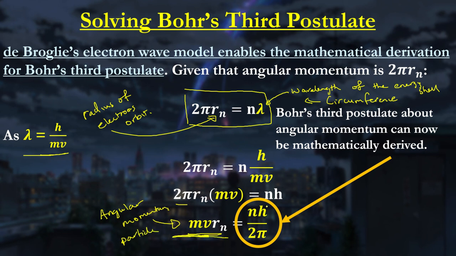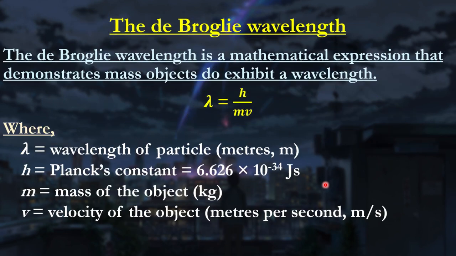And we can also find the angular momentum of the wave as well here. So that mathematically demonstrates how we can derive the angular momentum of Bohr's third postulate, and again, therefore, justifying or validating Bohr's third postulate there.